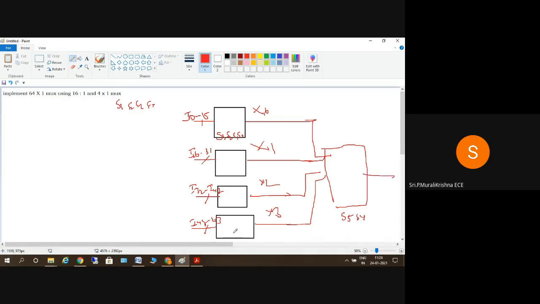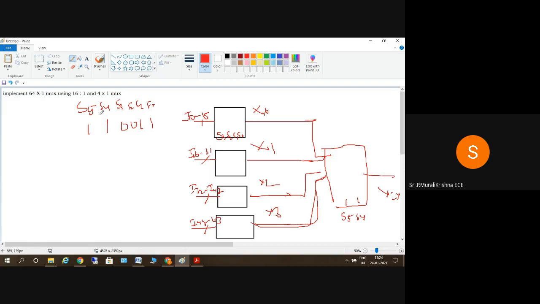selected. So in X3, it depends upon the values of S3, S2 and so on. If I take the values like this, S5, S4, the value is 1 1 0 0 1 1. First, S5 S4 is 1 1, so what does it mean? y will be equal to x3, so y is from x3.